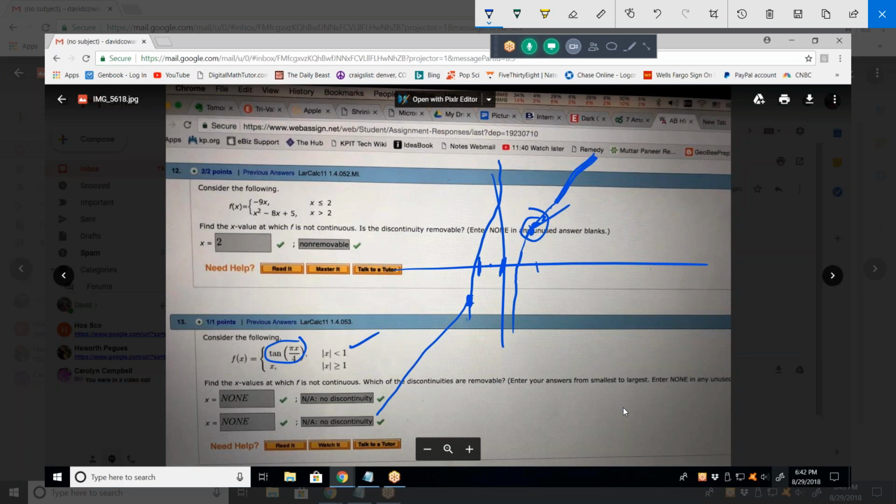Well, were both those answers correct? If you see down there, it says x equals none, no discontinuity, and there's a check next to it. So that means it's correct. I don't see discontinuities there, but what about if x is 0?